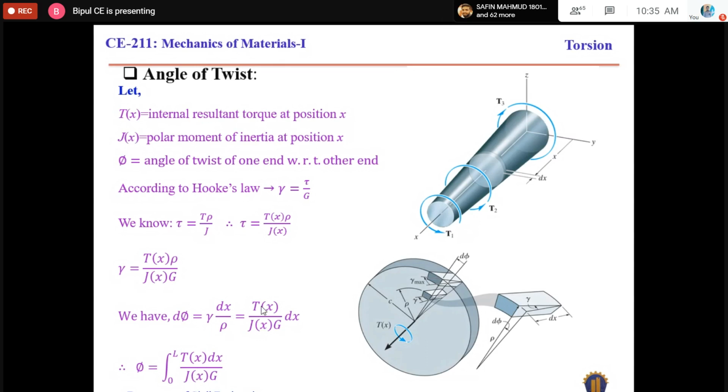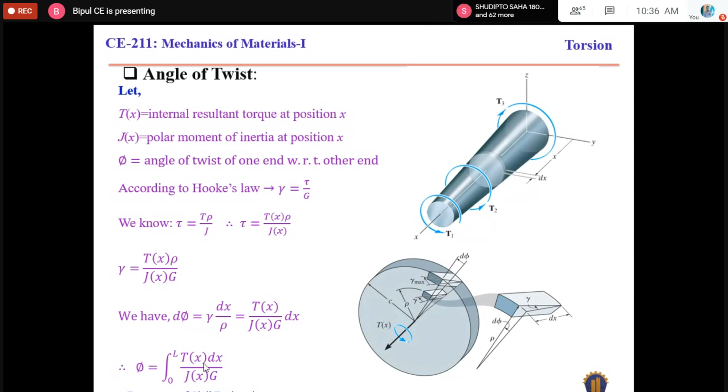And again, as the torque is varying from one end to another end, we have to integrate the developed torsion from one end to another end to get the resultant torsion. So the total angle of twist of one end with respect to another end will be determined from this equation.